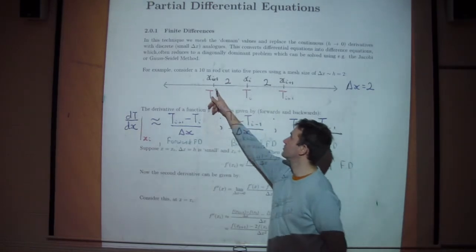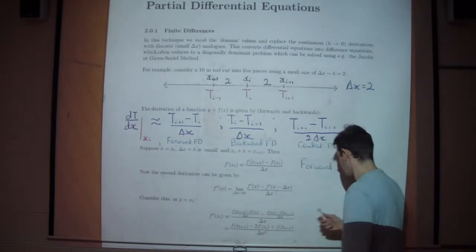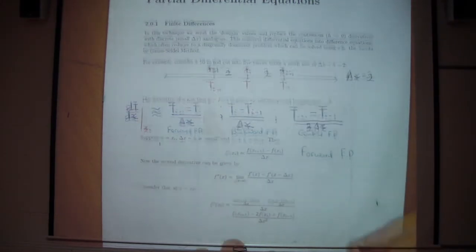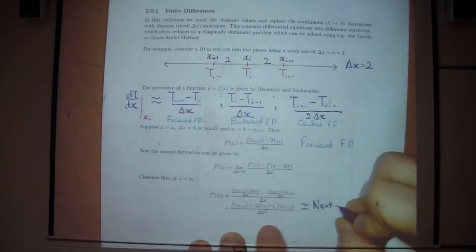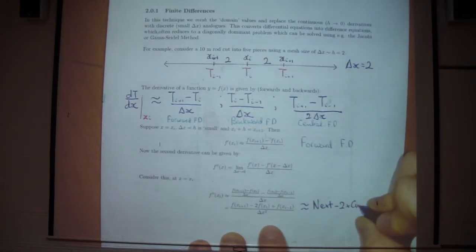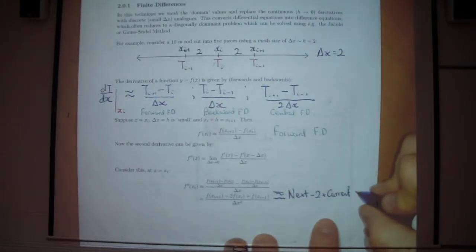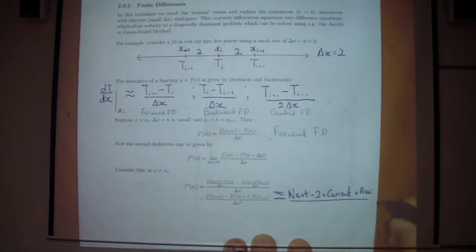You're going forward from here, and you end up with this formula down here. The way of thinking about this is that it's the next value, plus 1, minus twice the current value of the function, plus the previous, divided by the step size squared.